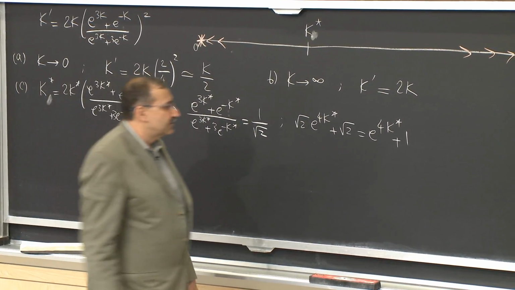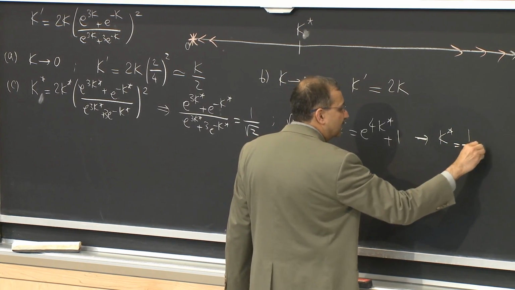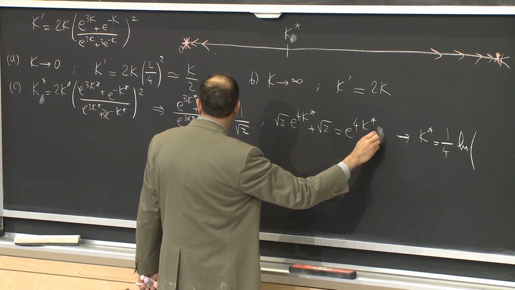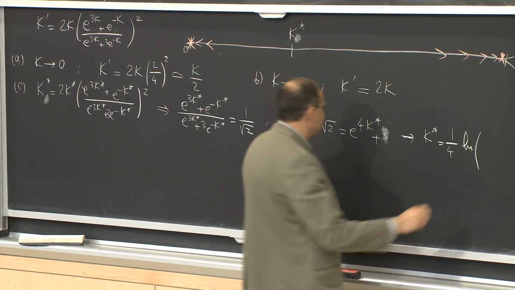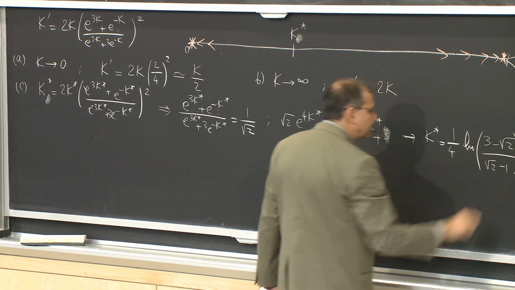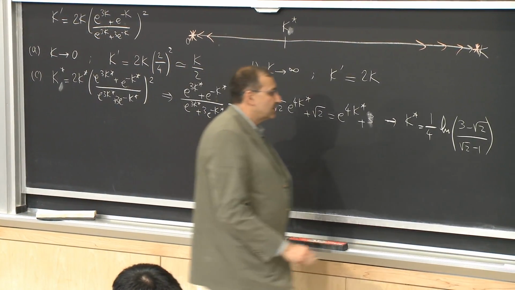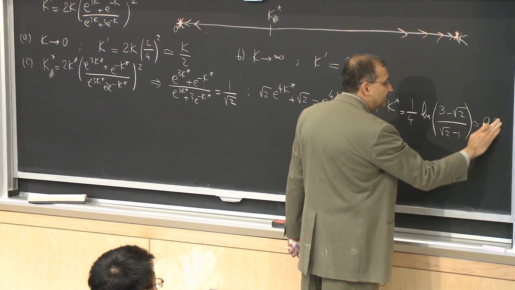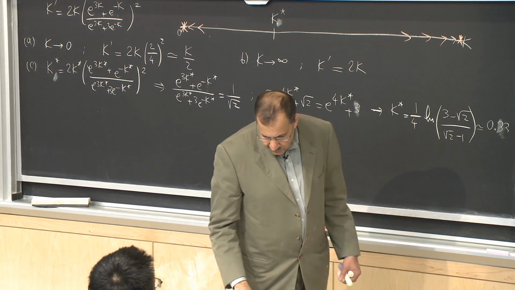And I get a value of K star, which is 1/4 log of, oops, this was a 3, minus root 2 divided by root 2 minus 1. Okay. We put it in the calculator, and it becomes something that is of the order of 0.233. No, 0.27.